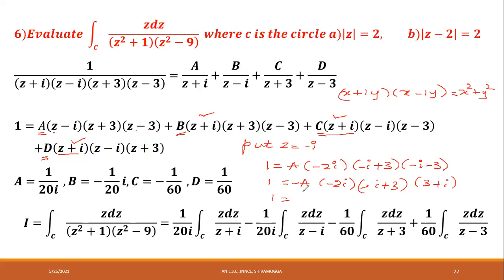Therefore, 1 is equal to a into minus 2i is plus 2i. 3 plus i into 3 minus i is 3 square is 9 plus 1 square is 1. 1 plus 9 is 10. 10 into 2i is 20i. 20i into a is equal to 1.